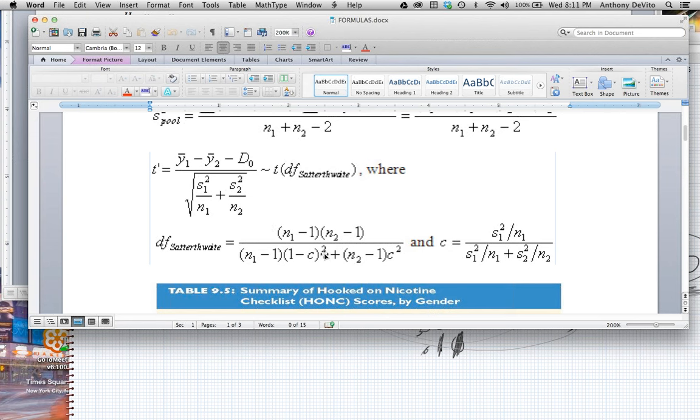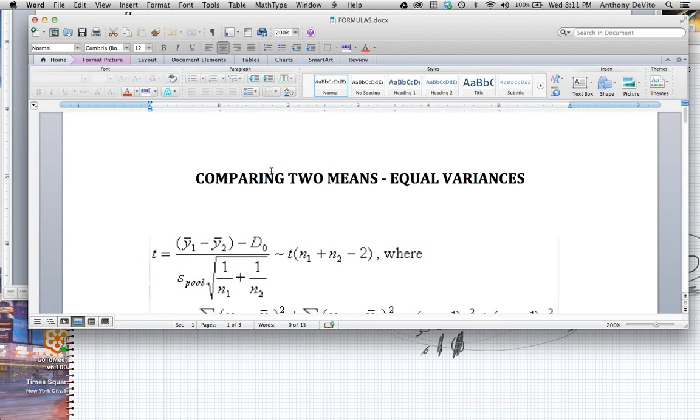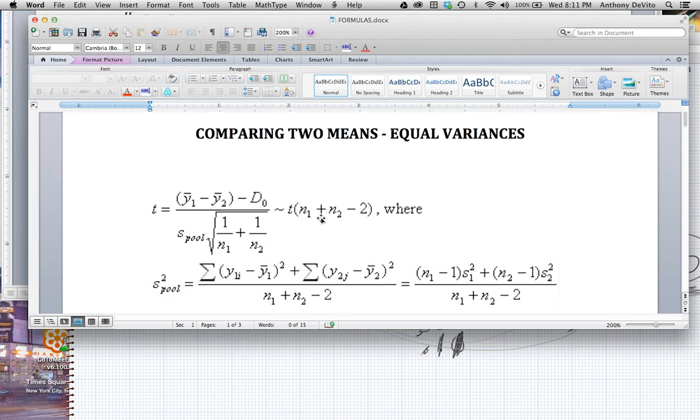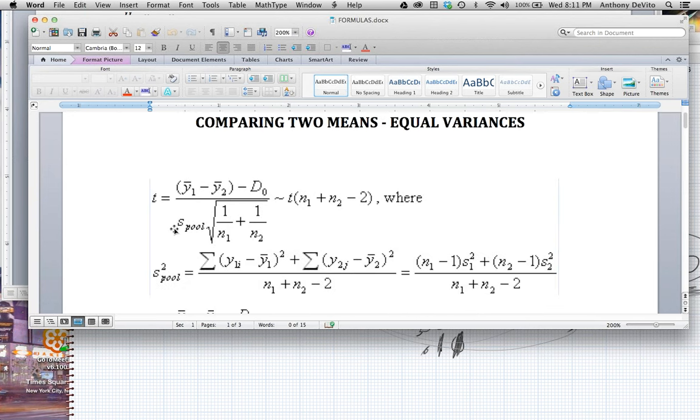In fact, that's quite likely since he used this shortcut for the degrees of freedom. He probably did a version using equal variances, and somehow he must have already calculated outside of the lecture the pooled standard deviation rather than go through the formula here. So at any rate, you guys get the idea, right?